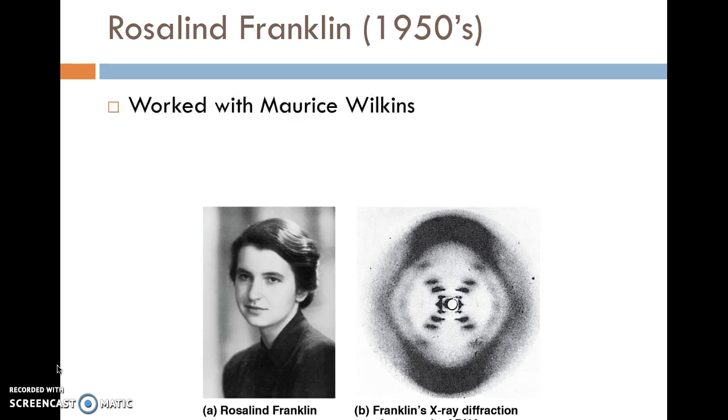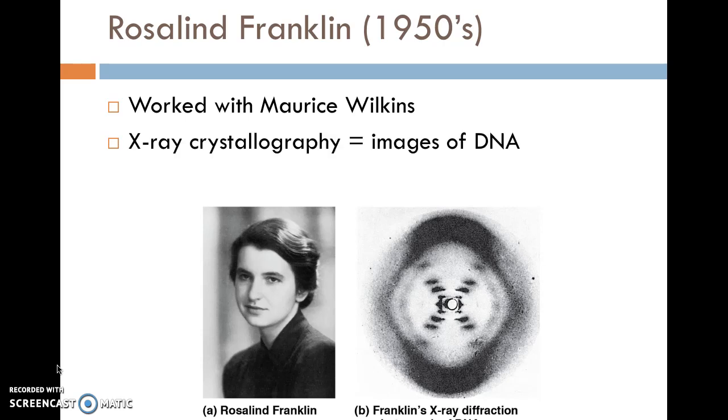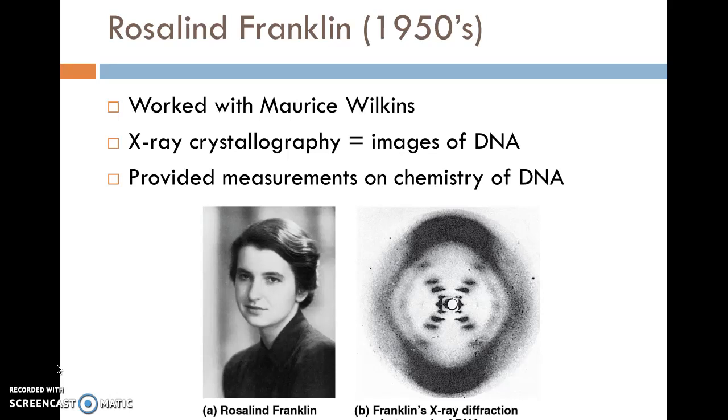She worked with a man known as Maurice Wilkins in London. They used X-ray crystallography, which was able to capture what DNA is, shown on the right: Photo 51, the image of DNA. This provided measurements on the chemistry of DNA.